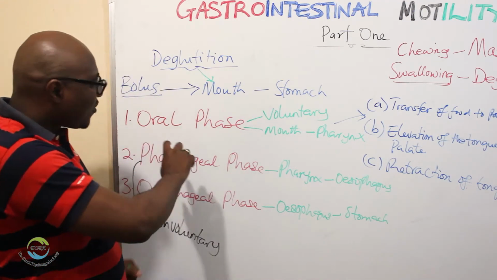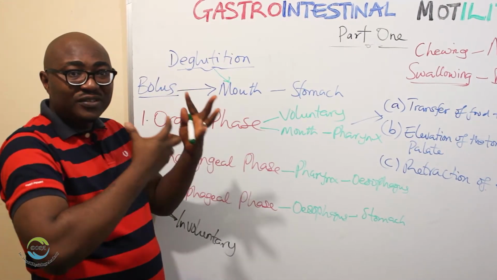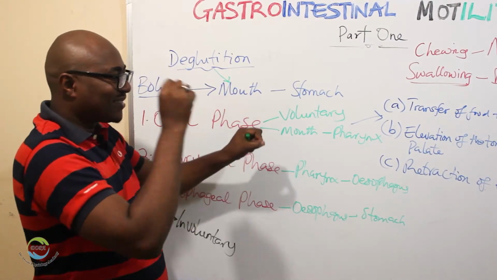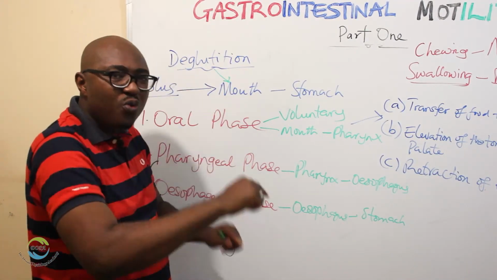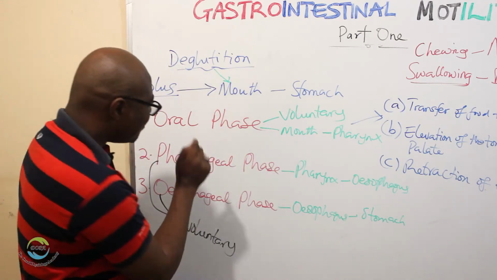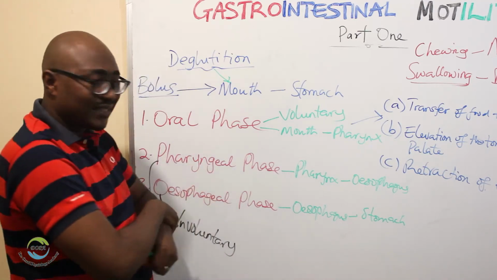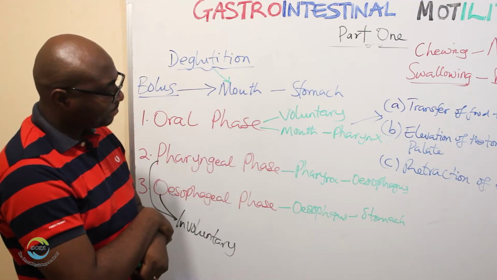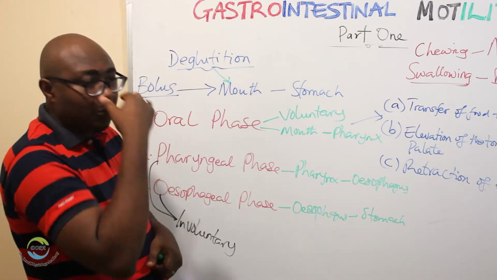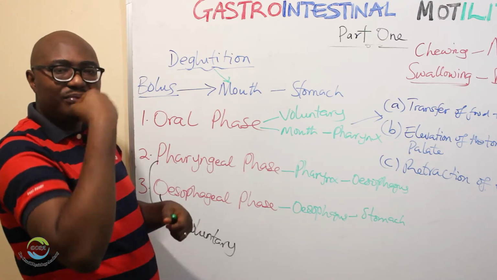So the pharyngeal phase is very sophisticated in order to prevent whatever you are swallowing from going the wrong way. That is the major function you think about when talking about this pharyngeal phase. If you close your nose, you can breathe through your mouth.